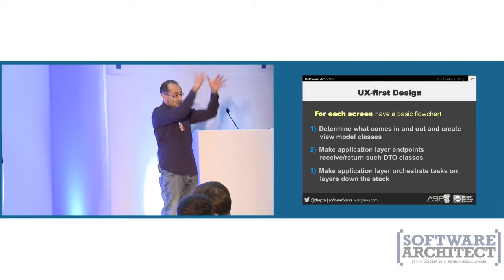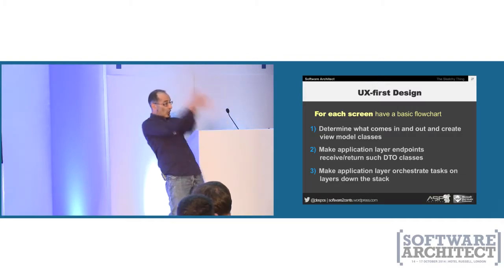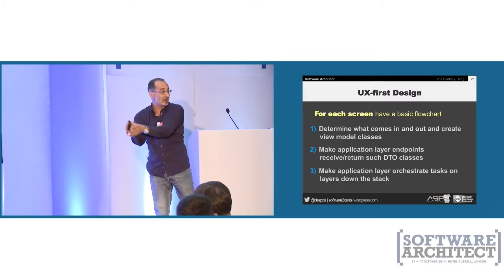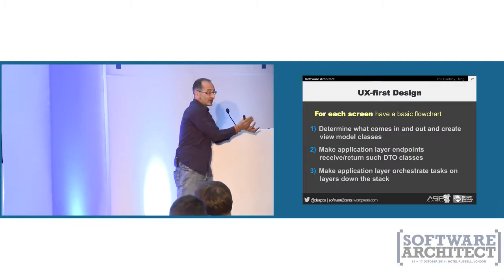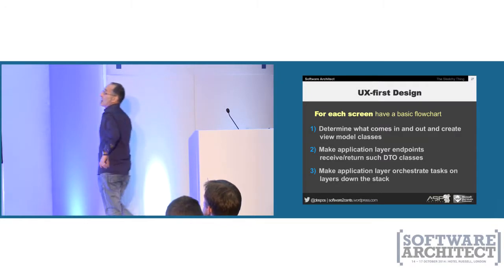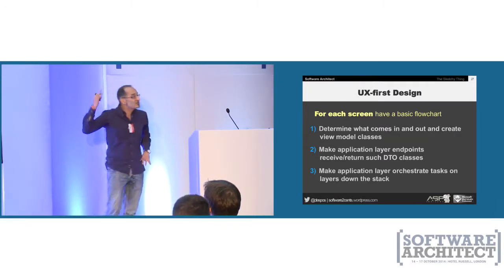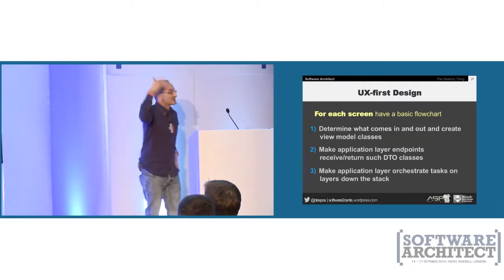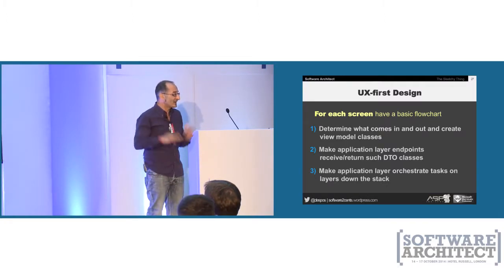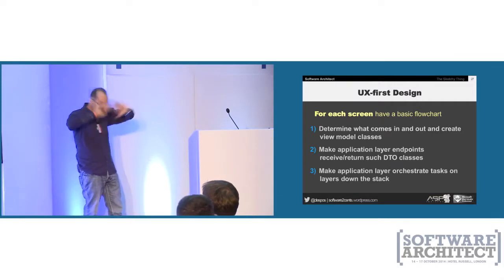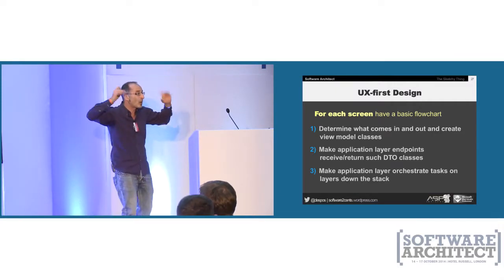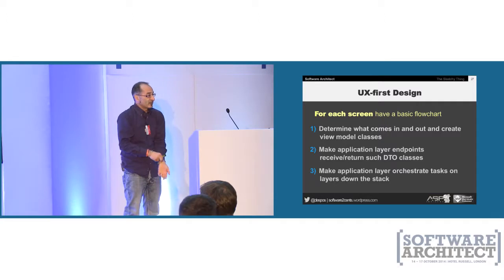Input model, so the data that from the UI goes into the back end of the system, and a view model, what comes from the system to populate the screen. So once you know what comes in and what comes out of a screen, for each screen, you have everything you need.